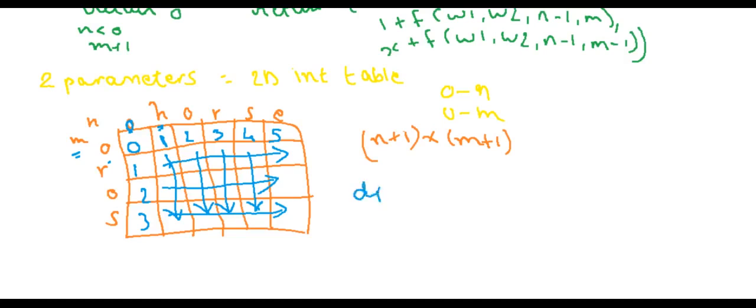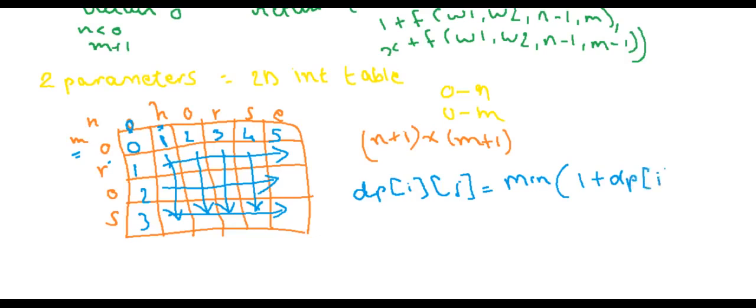So after filling the base case, our DP of I, J will be nothing but the minimum of insert, which is, just take the recursive function call that we were doing for insert and convert it to a DP.